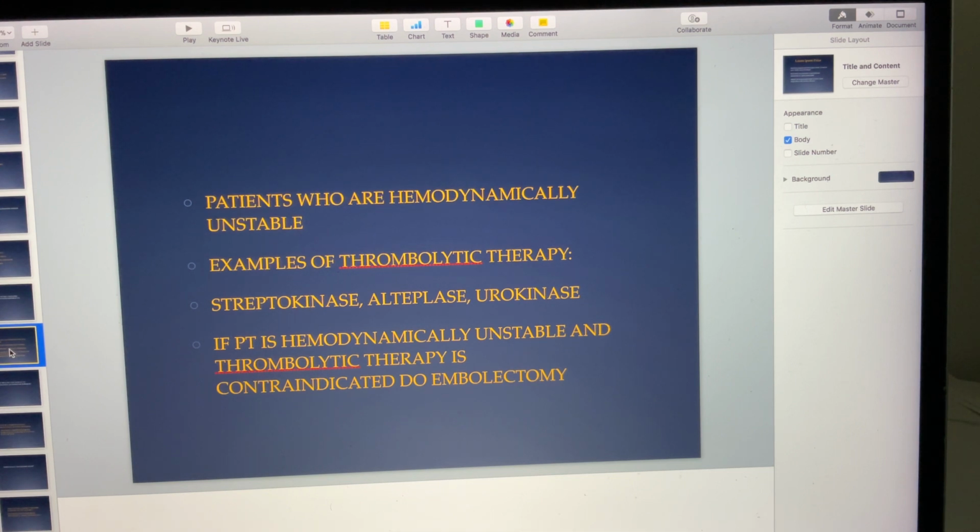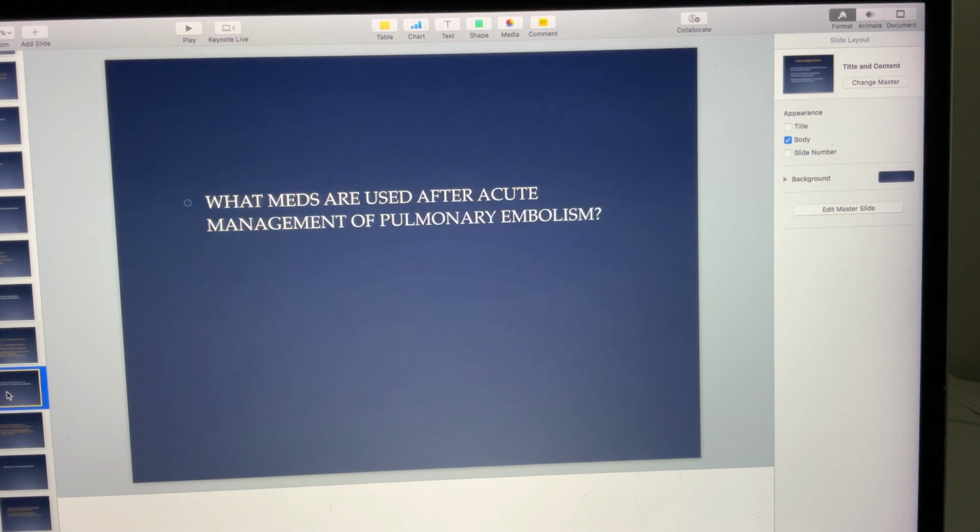An example of thrombolytic therapy that you can use are streptokinase, alteplase, or urokinase. Now, if the patient is hemodynamically stable, thrombolytic therapy is contraindicated. In that case, you want to do embolectomy instead of thrombolytic therapy. Okay, so it's important for you to remember that.